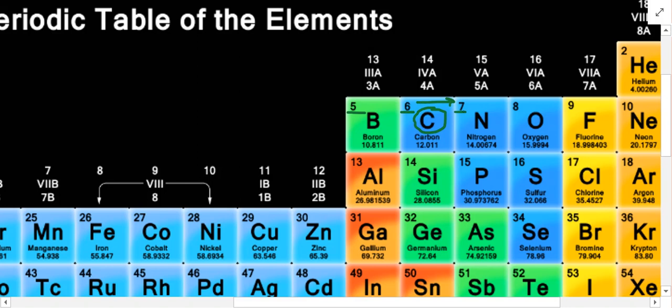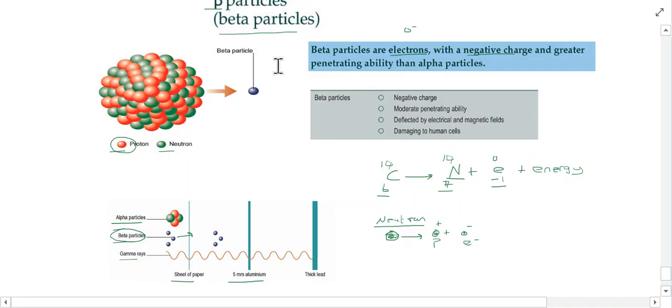An atom that has 7 protons is nitrogen, so it changes into nitrogen, and that's what's known as beta decay and beta particles. This is the chemical reaction that shows that taking place.